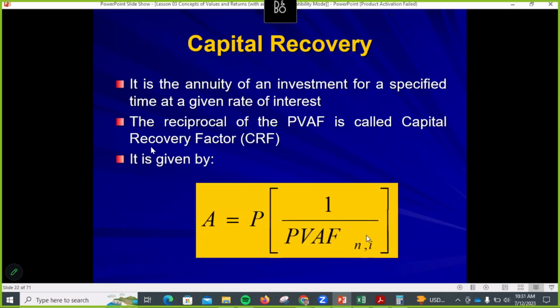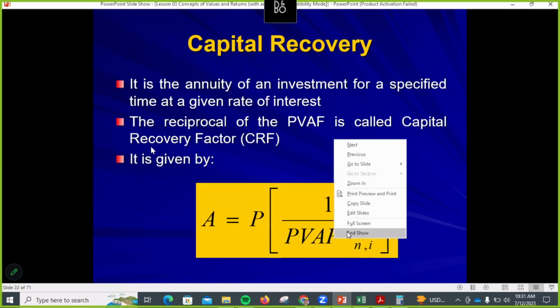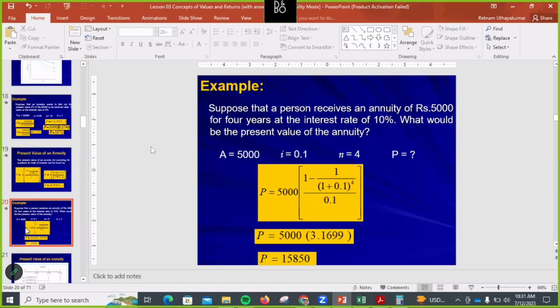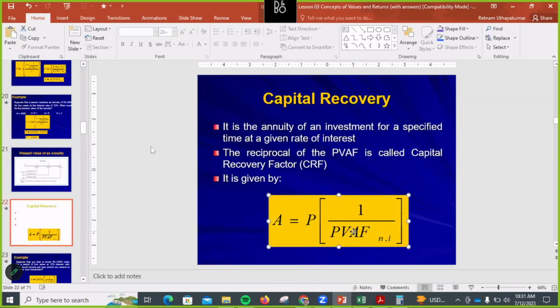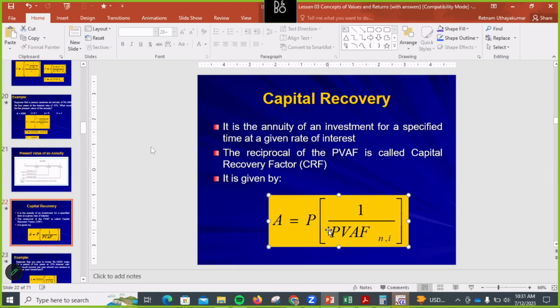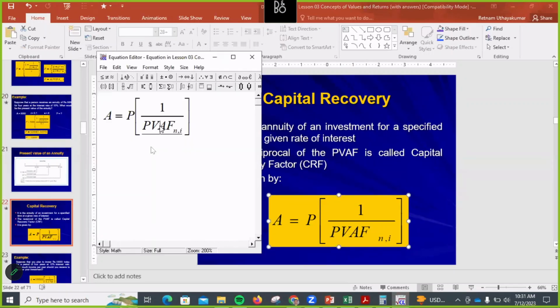It is given as 1 over the present value interest factor for annuity. So the notation is like that.